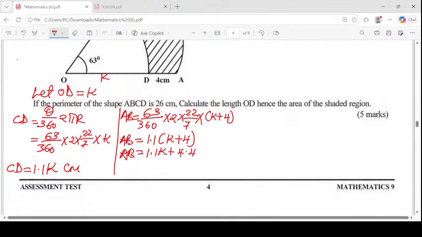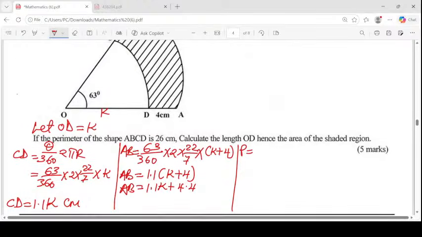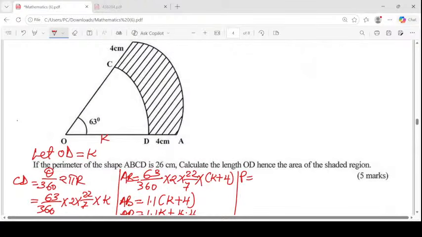But now there is something we learned. When they talk about the perimeter, how do you get the perimeter? You take CD plus AD plus AB plus BC. So the perimeter is 26. So 26 is equal to CD.